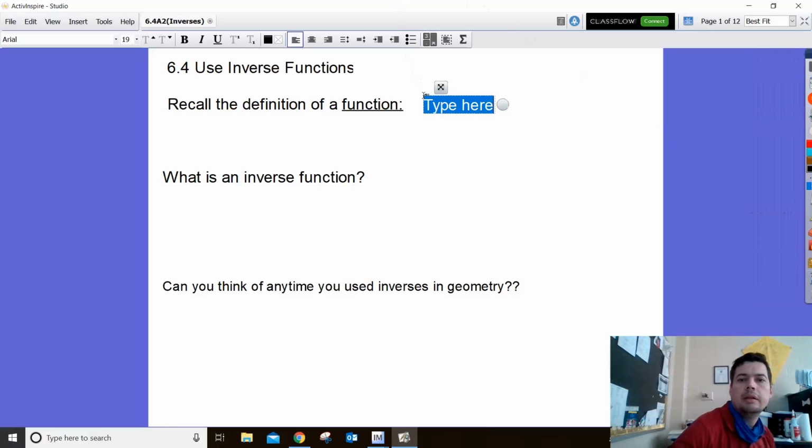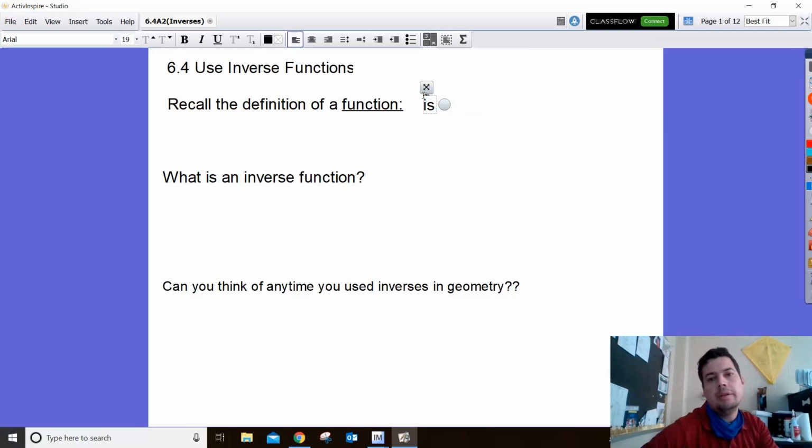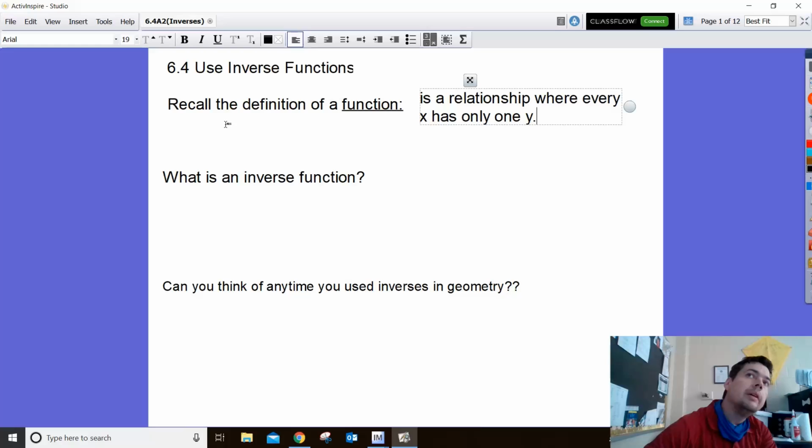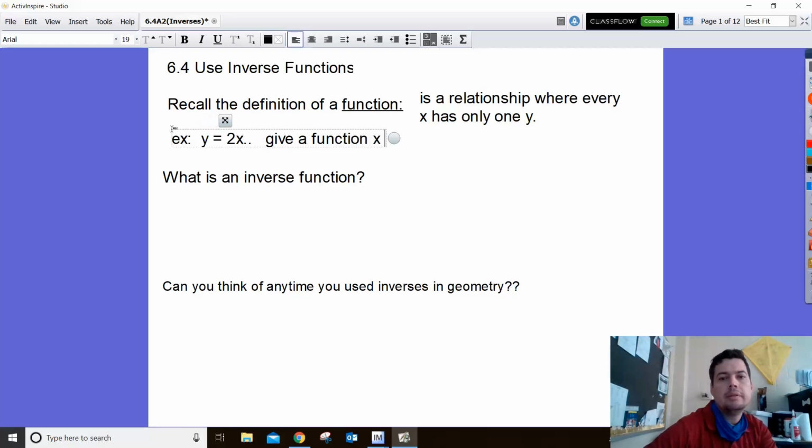That's good. A function is a relationship where every x has only one y. And the way a typical function works, like y equals 2x, just a line, is you give a function x, and it returns y.